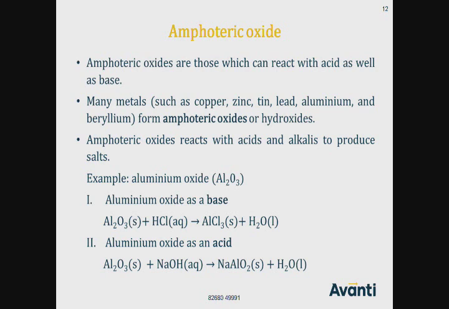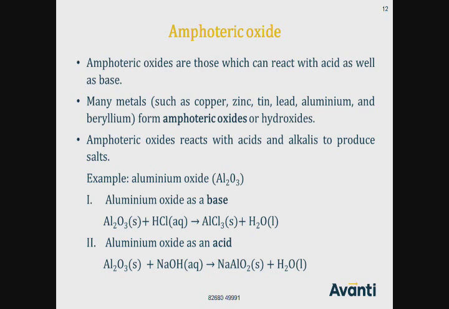No, amphoteric oxides won't react with each other. See, it is possible only when, of two amphoteric oxides, one has the lesser acidic nature whereas the second one has the higher acidic nature.